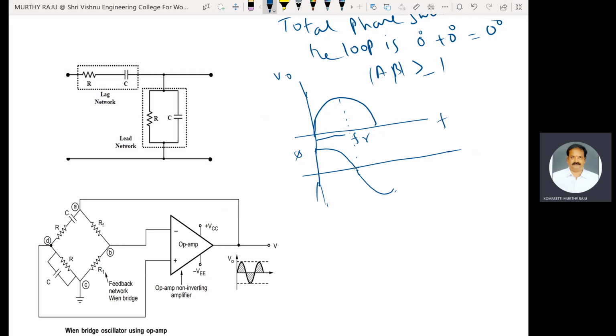At F equal to FR, the phase shift introduced is 0 degrees. Therefore, the lead lag network introduces a phase advance and a phase delay. At resonance frequency, the output of the lead lag network is very high. These are the characteristics of the lead lag network.